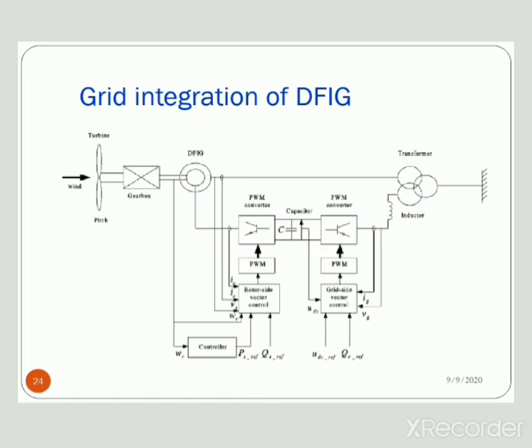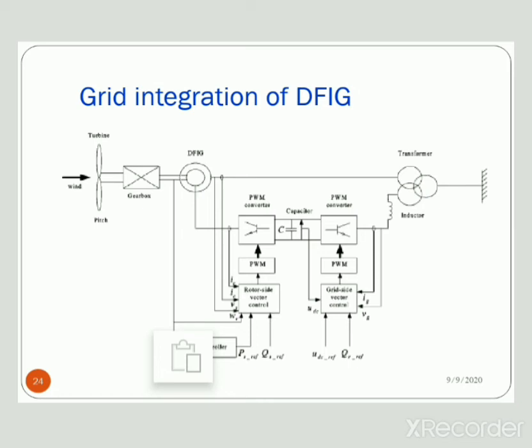And in that particular system, in parallel, the capacitor bank is connected to supply reactive power to the circuit. For that purpose it is used. Then it is completed by using the pulse width modulator. There are two ways: rotor side vector control and grid side vector control.